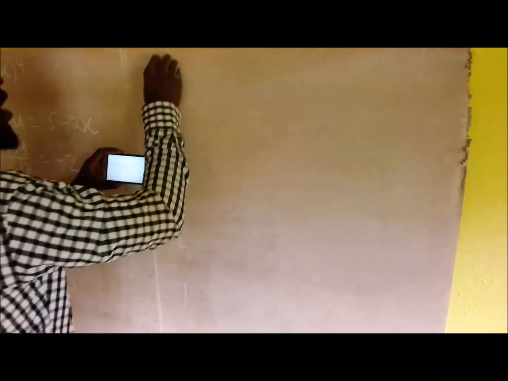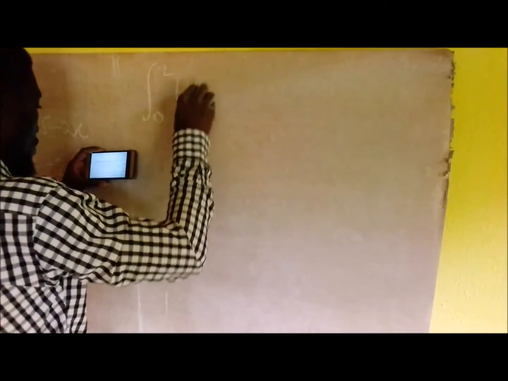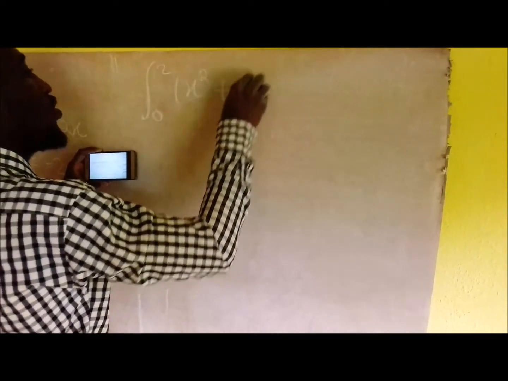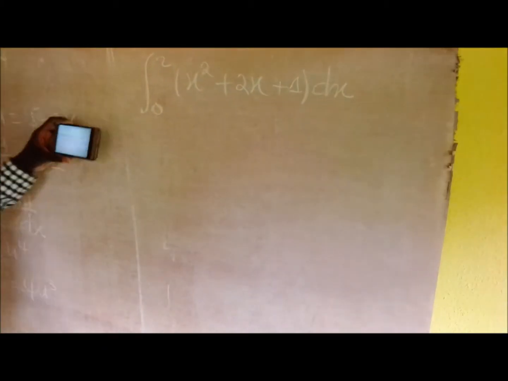Now we're at the last part of the question. We're asked to find the integral from 0 to 2 of x plus 1, all squared. There are two methods to do this, but we're going to use the easiest.